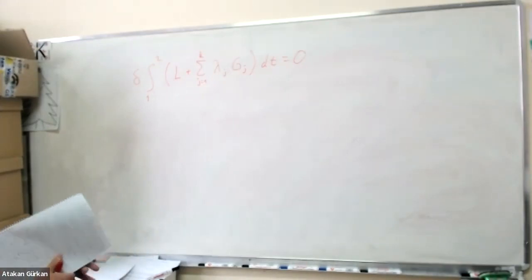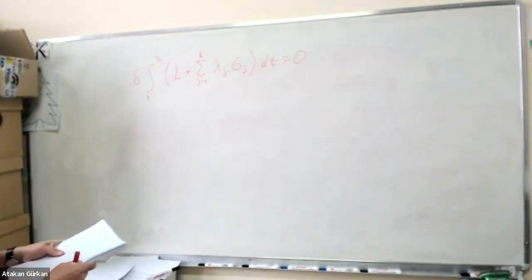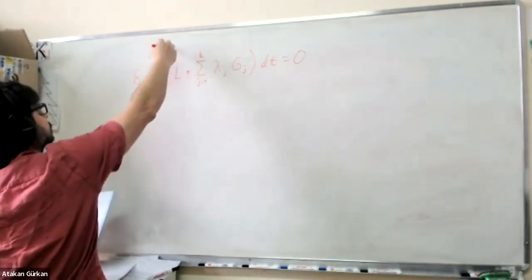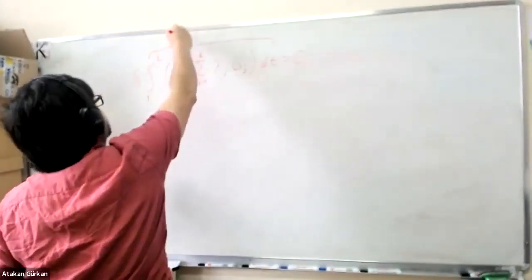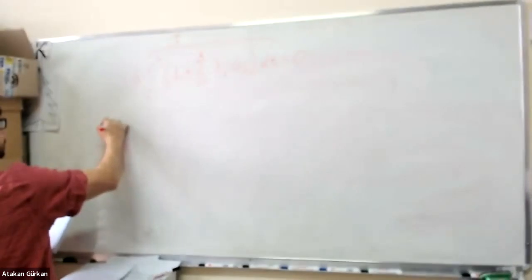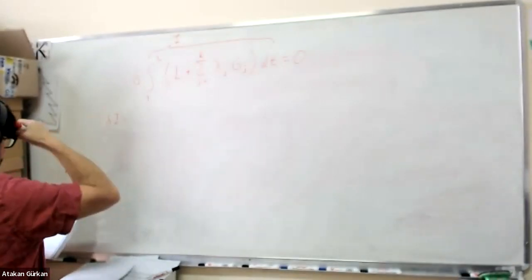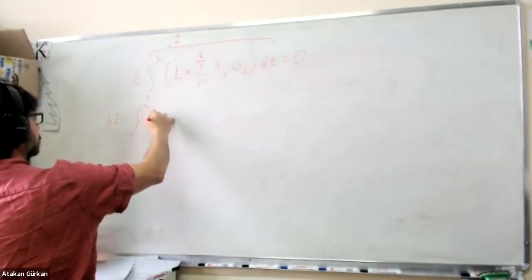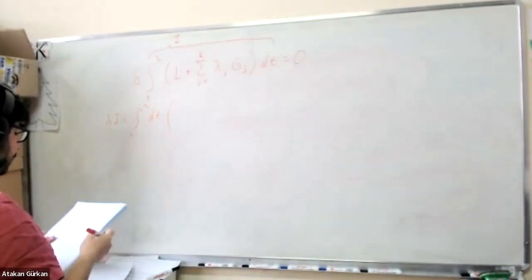Now, let's do that. Let's do this variation. So this is called I. So delta I is going to be, now we have a big parentheses.